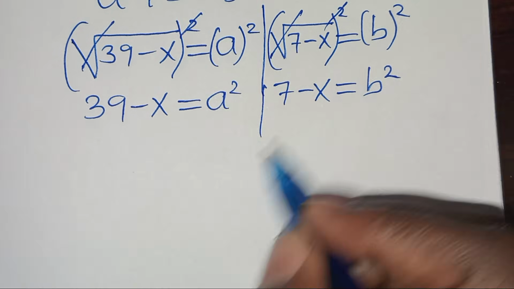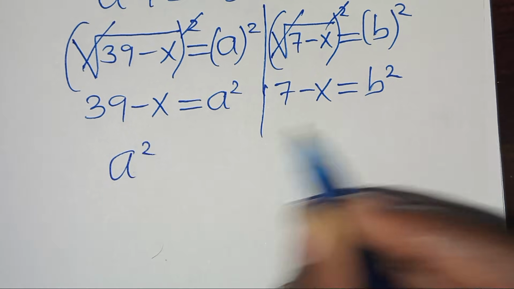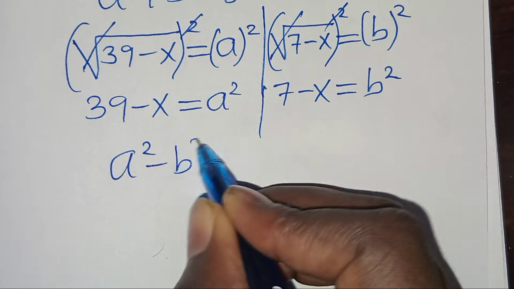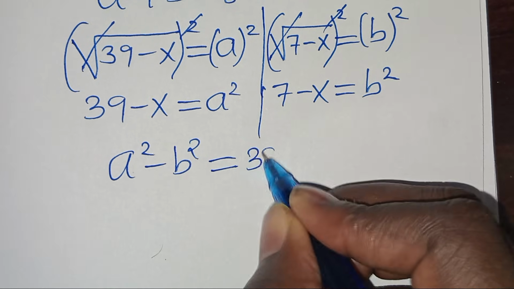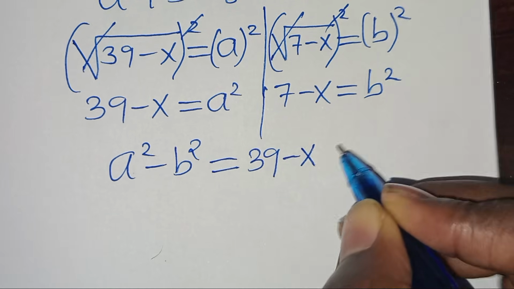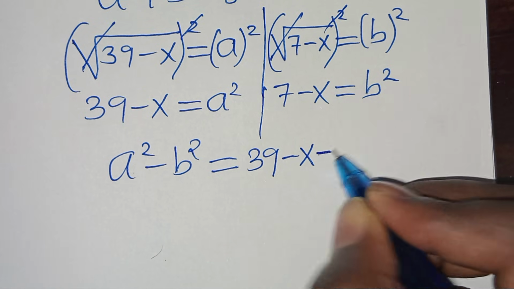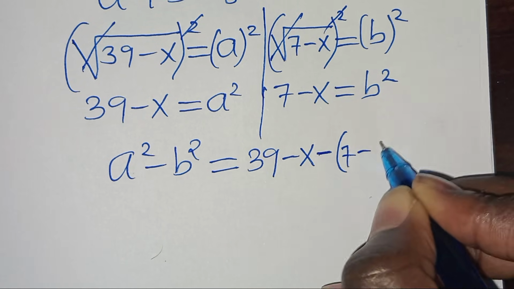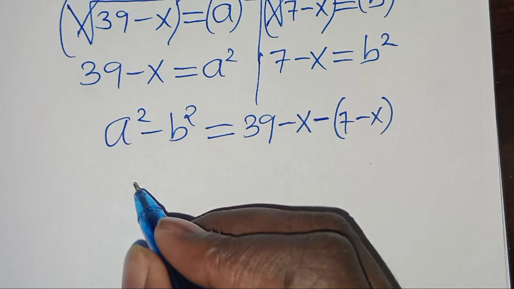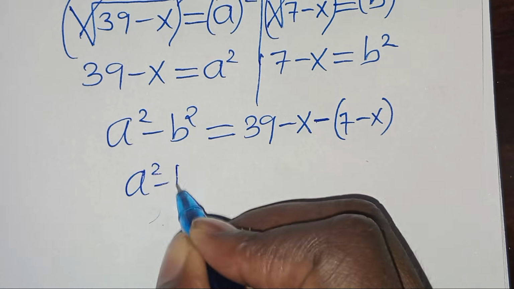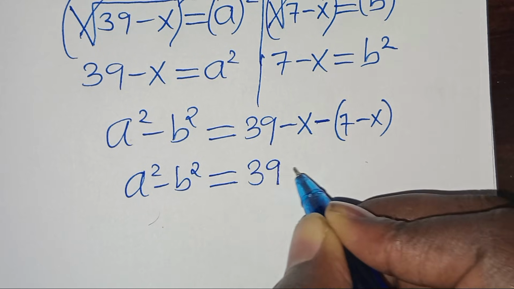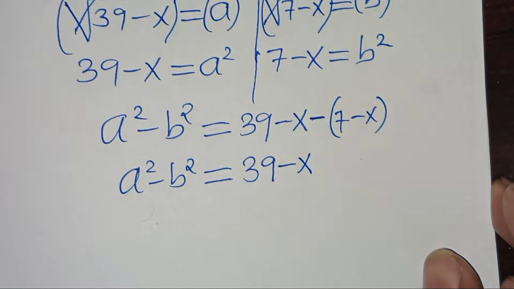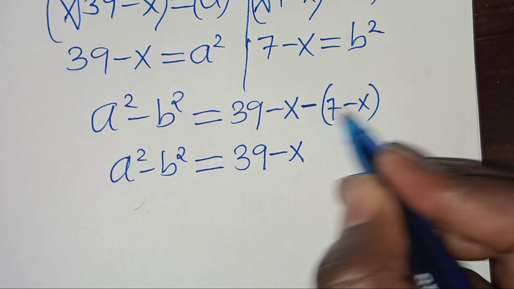Now the next step is that we have a squared subtract b squared, this is equal to 39 minus x, then subtract 7 minus x. Let's open the parentheses here.